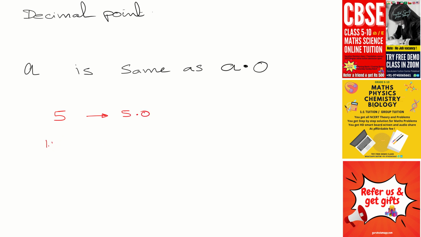If you write 100, it actually means 100.0. If you write 87, it actually means 87.0. Always remember this, because we need this concept for doing the problems.